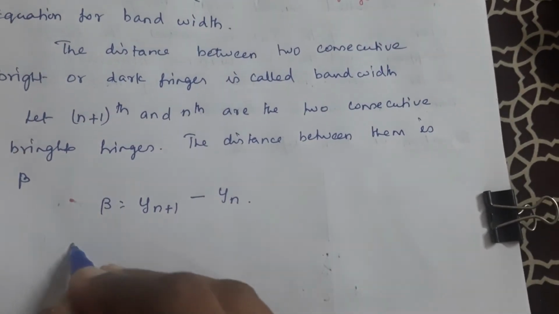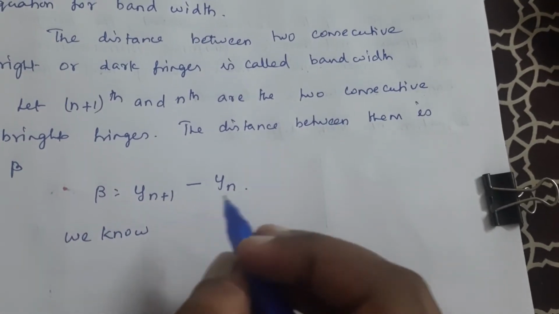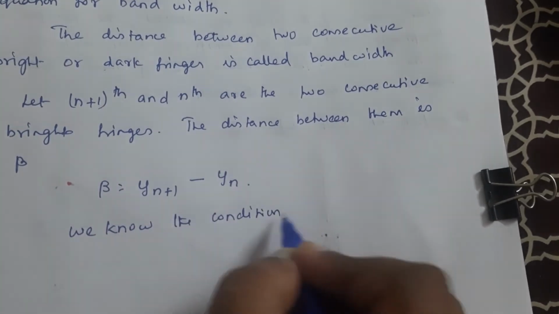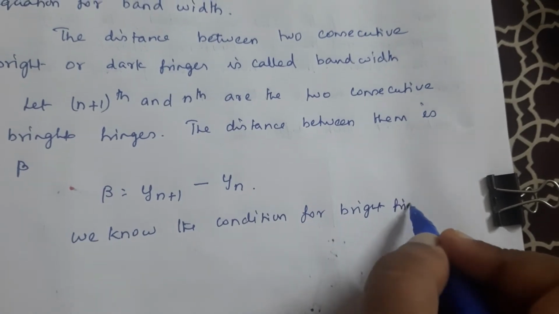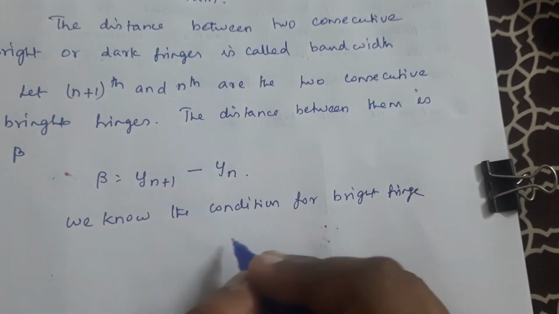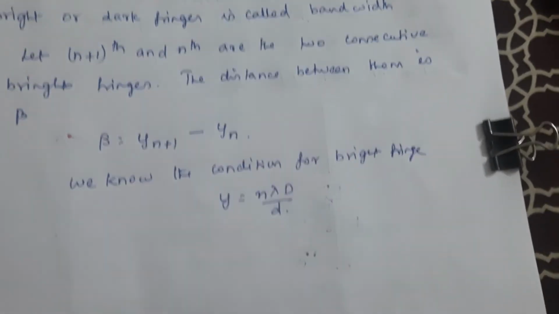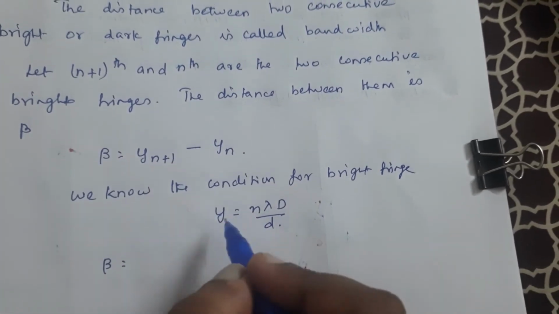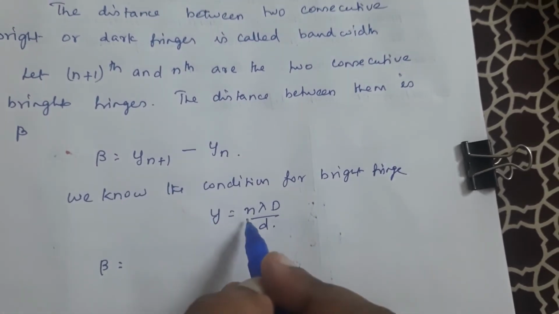So we know the condition for bright fringe: y is equal to n lambda D by d. I am going to substitute here, beta is equal to, for y n plus 1, n as n plus 1.